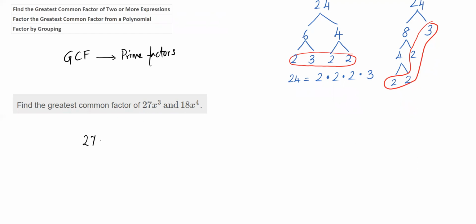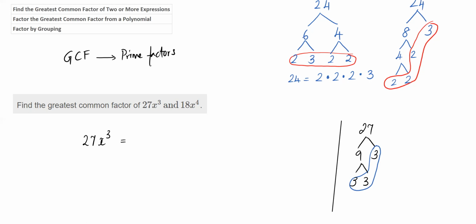So 27x cubed. Okay, we want to split this up by the factors. So 27. Again, this has to be done by the side. Let me split that up: 9 times 3. But 9 can be split further as 3 and 3. So 27 gets this last level of 3 3s as the prime factors.